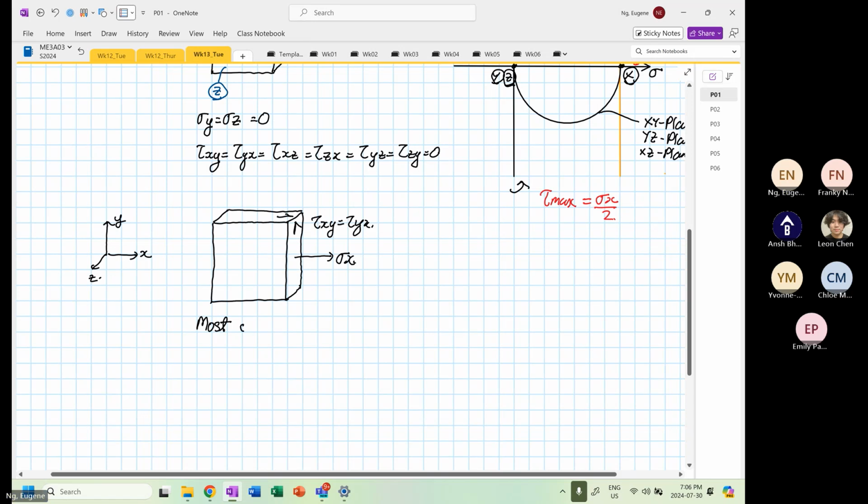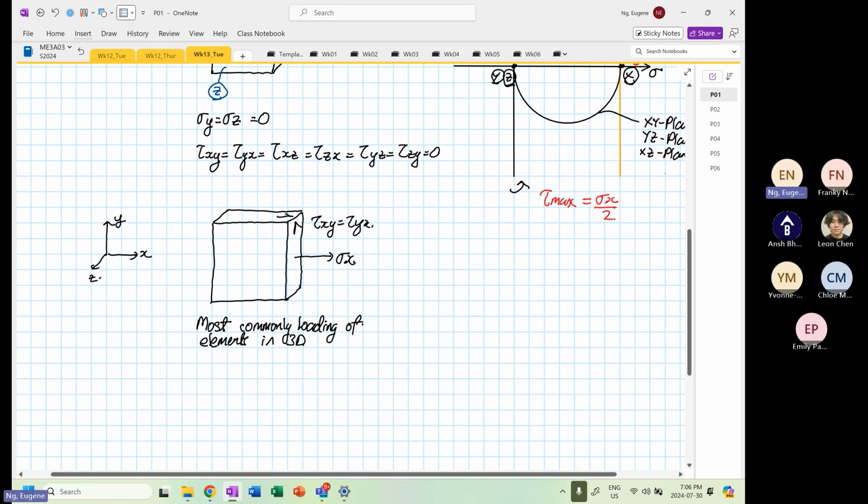Okay, so this is the most commonly loading of elements in 3D.